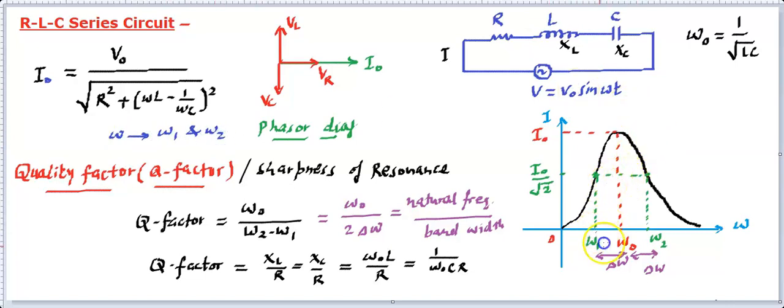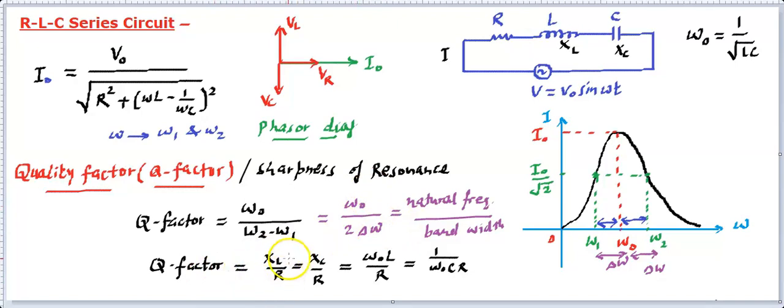These omega 1 and omega 2 will be calculated corresponding to the RMS value of current, that means I naught by root 2. And these omega 1 and omega 2 will be lying on either side of omega naught. So subtract the smaller root from omega naught, and you'll find delta omega, or omega 2 minus omega naught, which is also delta omega. Put delta omega here, omega naught here, then simplify, and you'll get the Q factor, right?